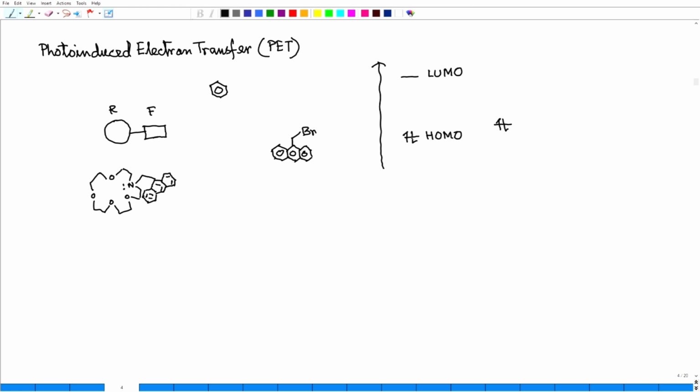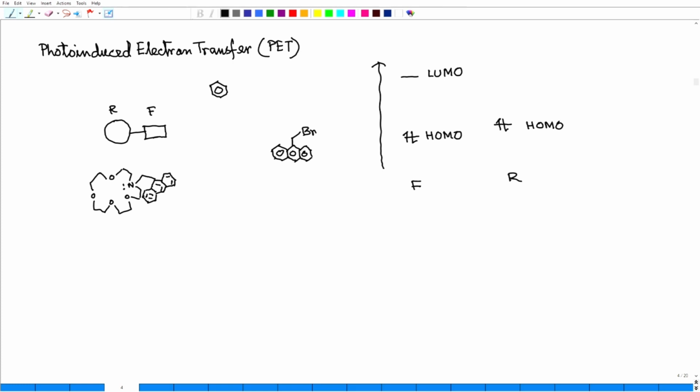So, this is my situation here: LUMO is empty, HOMO has 2 electrons. This is the receptor and this is the fluorophore, and the spacer works to transduce or pass the information from one component to the other.